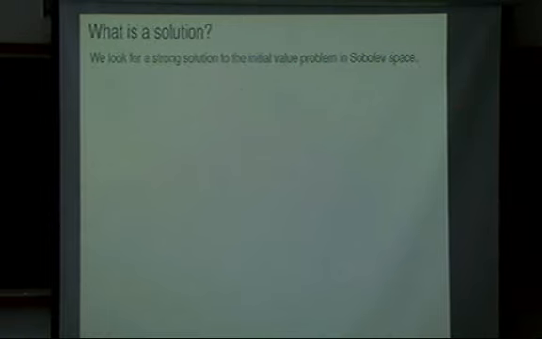Okay. Then let me just set the problem. Now I'm looking for the local solution for given initial data in some Sobolev space HS. I'm looking for the solution for a short time in C_T H^S.